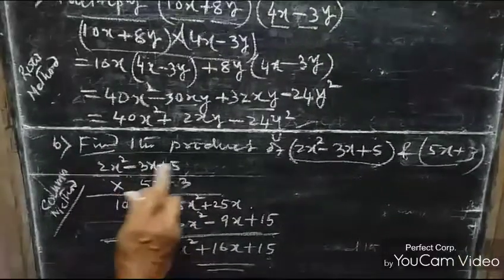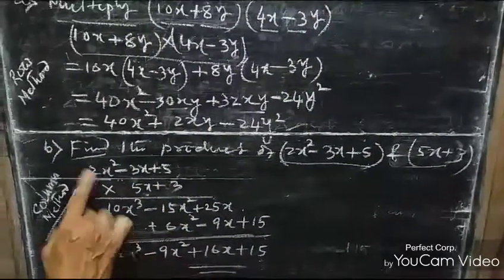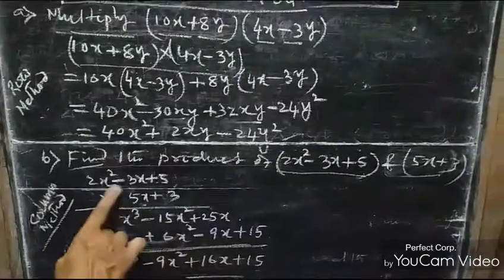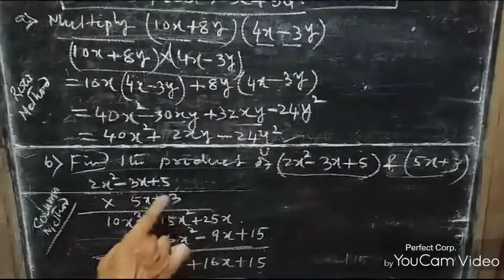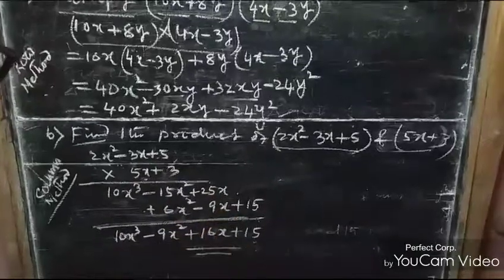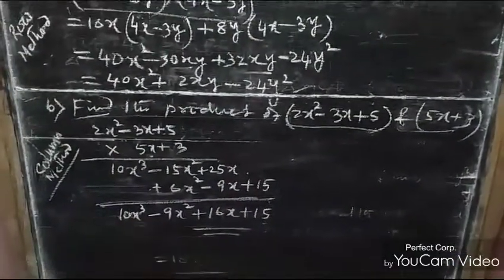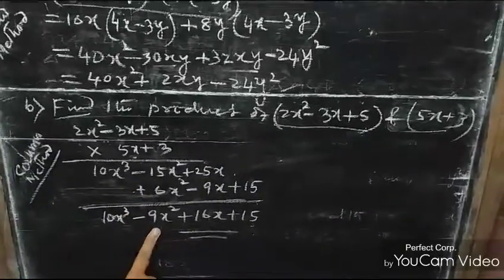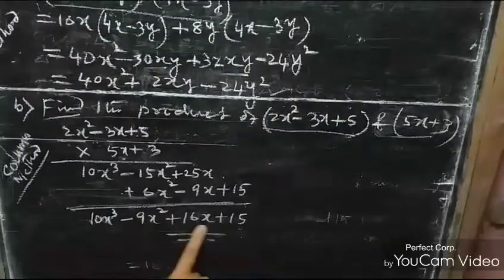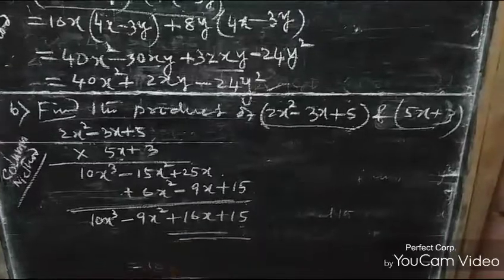We are multiplying the whole expression by it. Plus 3 into 2x square is 6x square, plus into minus 9x, plus 15. Now you are adding all these. That is 10x cube, this will be minus 9x square, this will be 16x and this will be 15.